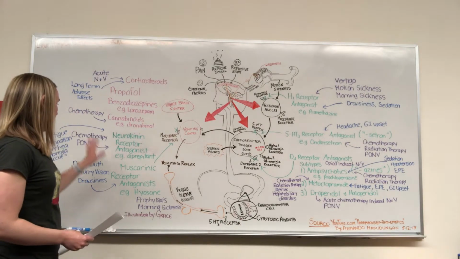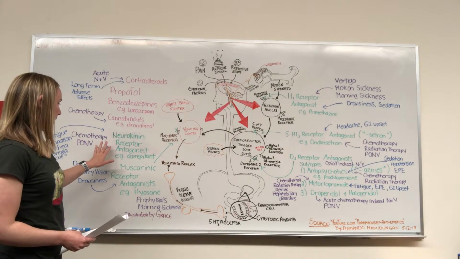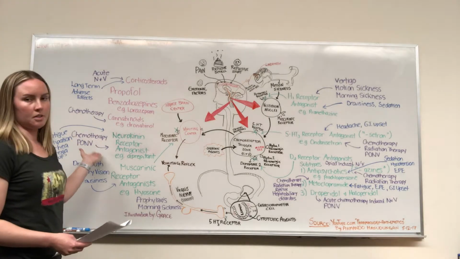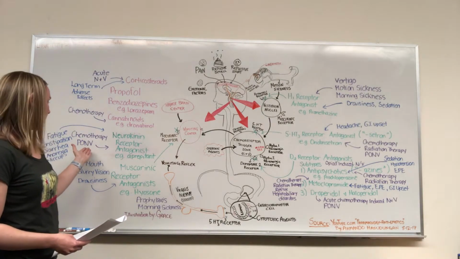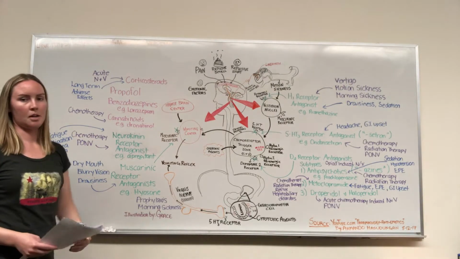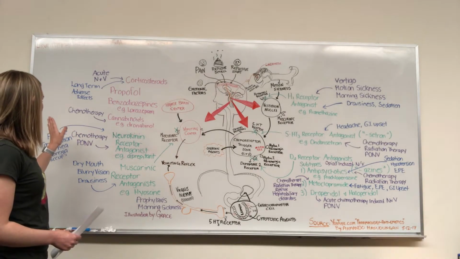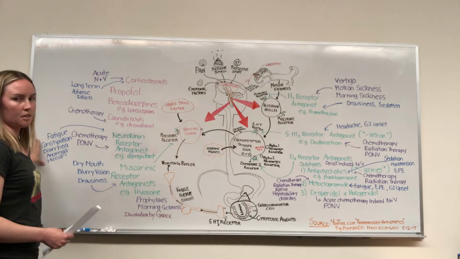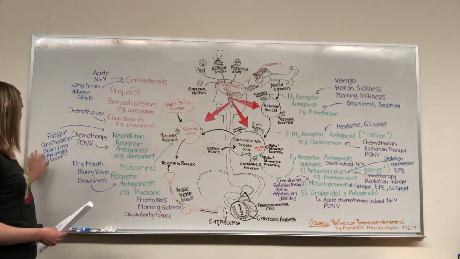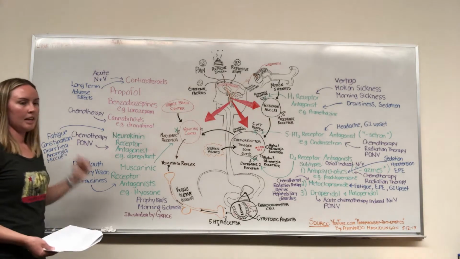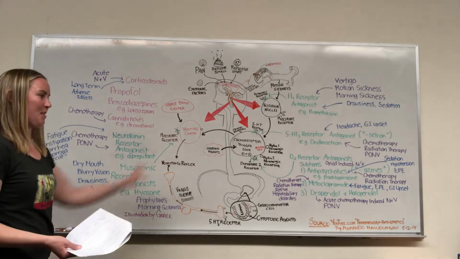And then the neurokinin receptor antagonists are primarily also used for chemotherapy-induced nausea, vomiting, or post-op nausea and vomiting. And the common side effects are fatigue, constipation, diarrhea, anorexia, and hiccups, which is different from all the other classes.